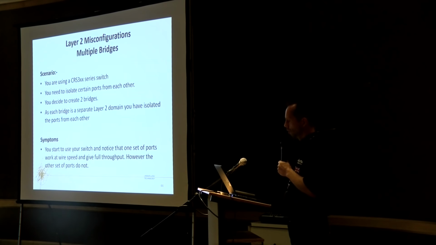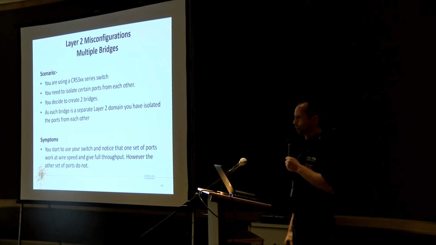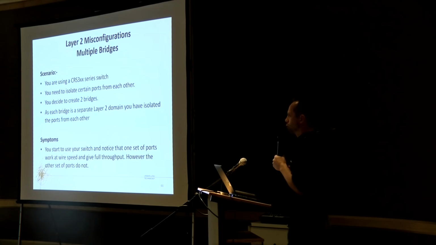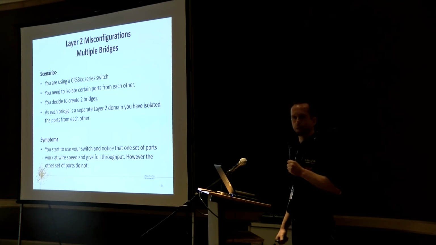Symptoms, however: you start using the switch. We start passing lots of video through our switch ports. And you notice that one set of your switch ports pass traffic really quickly. Great, you've got the throughput you'd expect. But then the other set of ports in the other bridge do not.